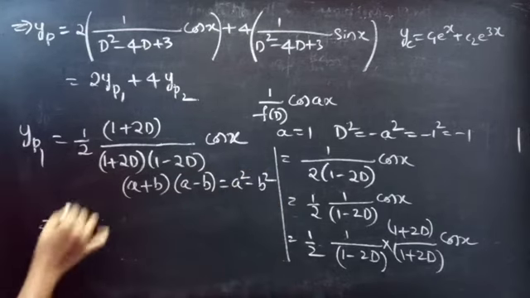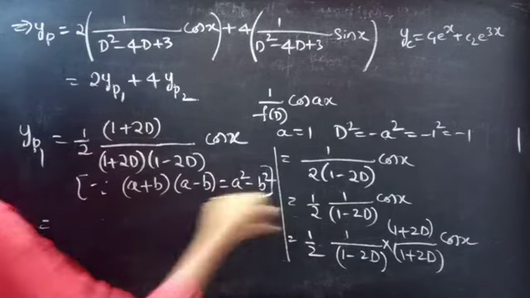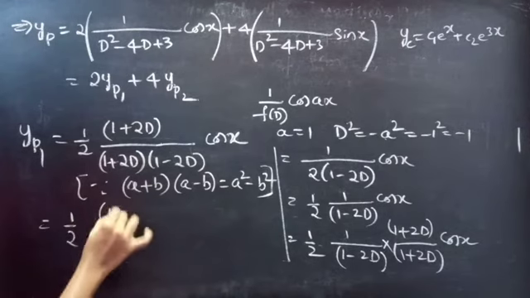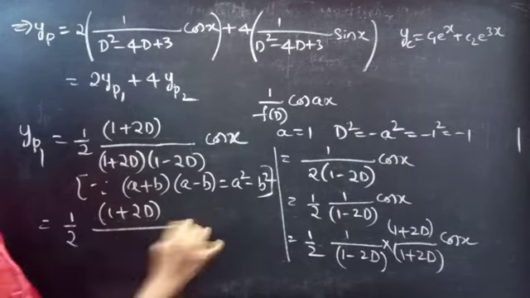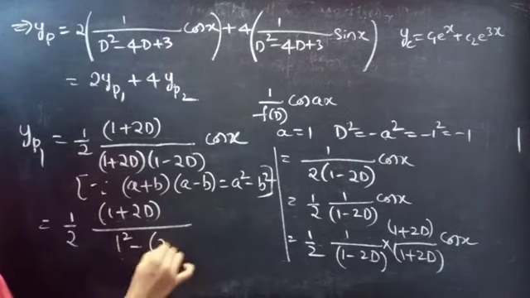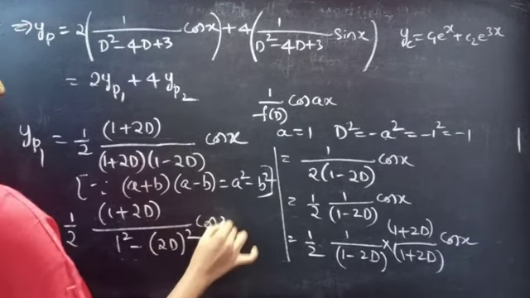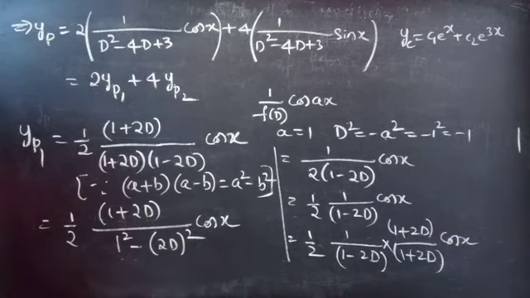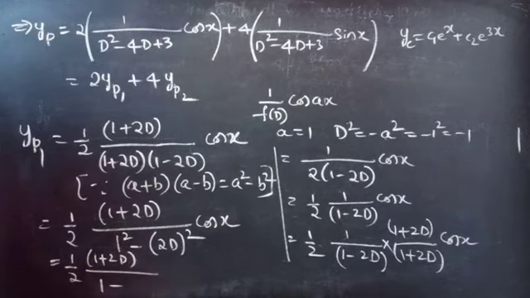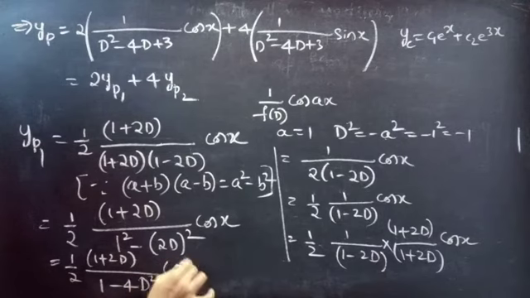Then this becomes 1 by 2 into 1 plus 2d by a square 1 square minus b square 2d whole square into cos x, right, which is equals to 1 by 2 into 1 plus 2d by 1 square is 1 minus 2d whole square is 2 square 4 into d square into cos x.